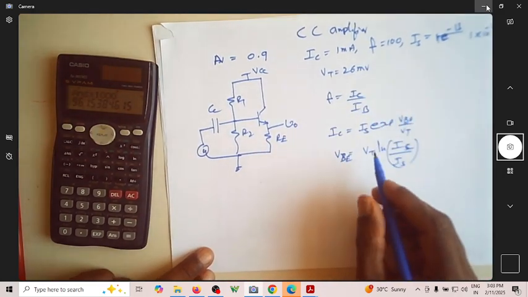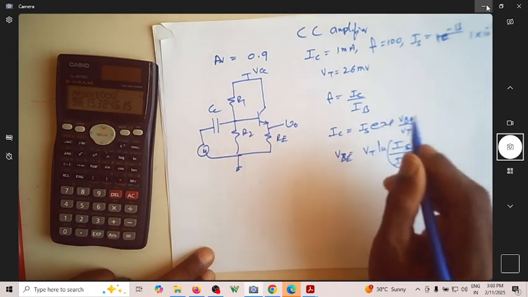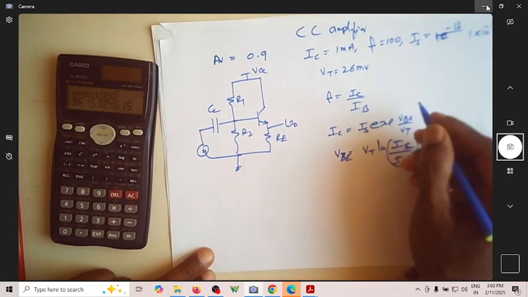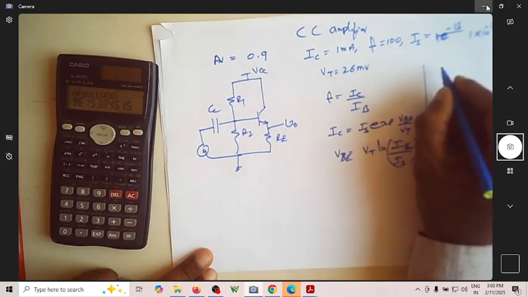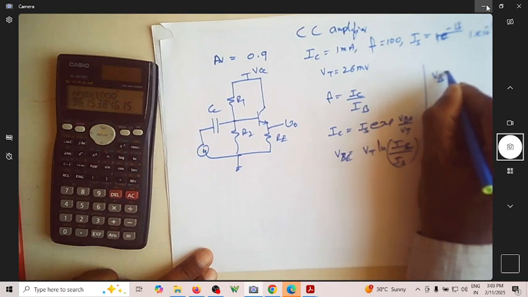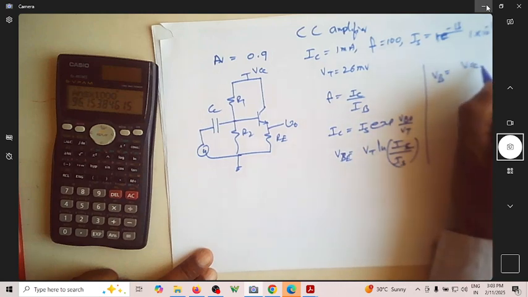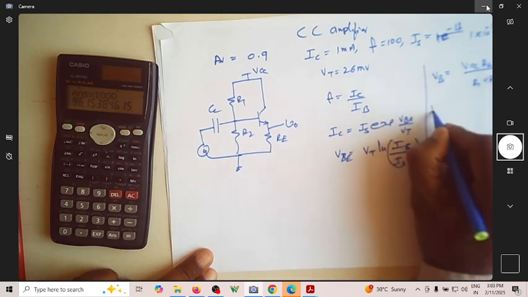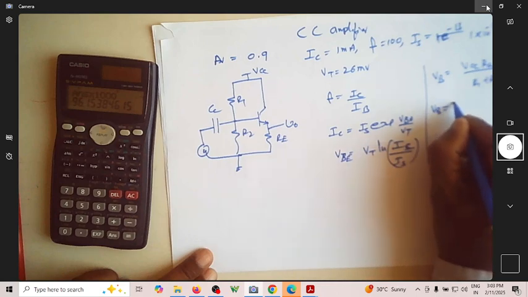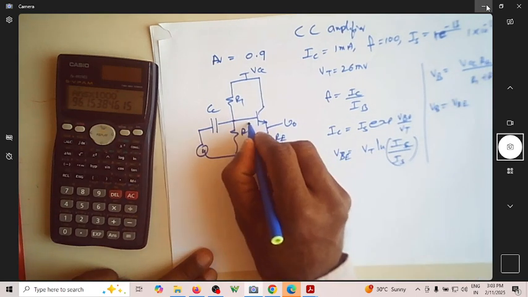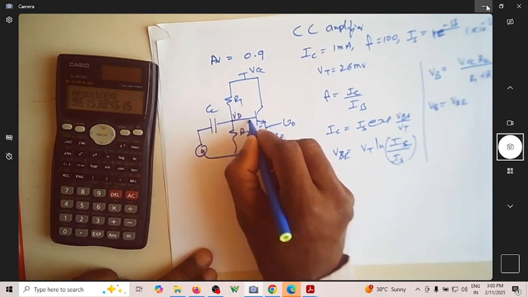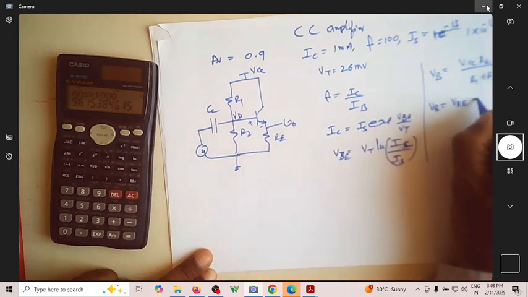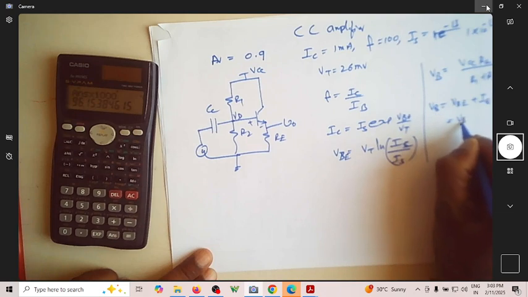The equation we have here is VB is equal to VCC into R2 by R1 plus R2, and VB is also equal to VBE, that is this voltage. This is VB, and VBE plus IE into RE, which is equal to VBE plus IC into RE.